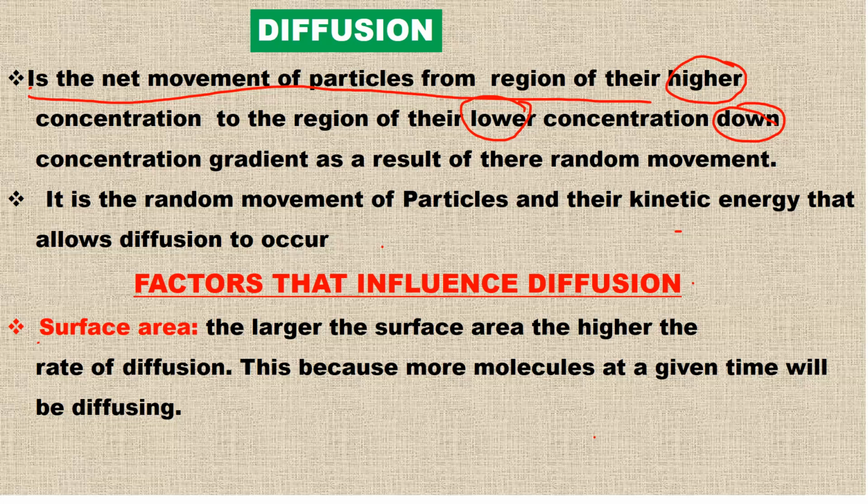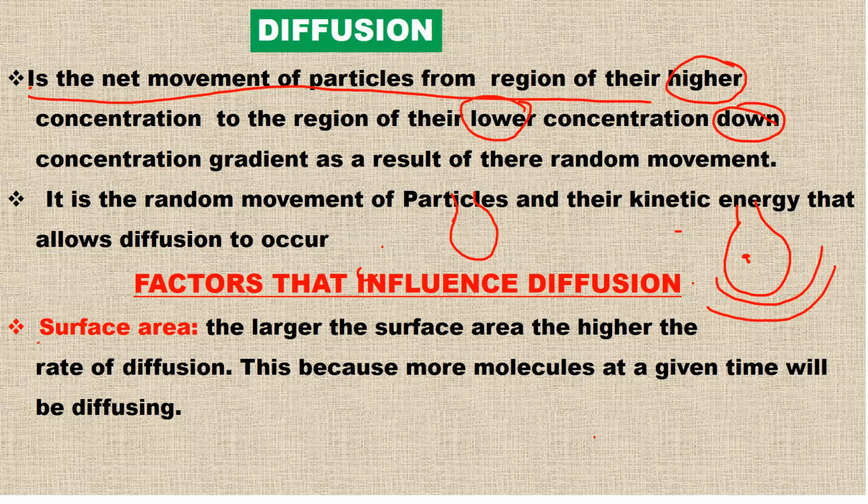Let us look at how this process works. The process of diffusion is the one in which gases, for example oxygen, diffuse from the surface of the alveolus to the bloodstream.